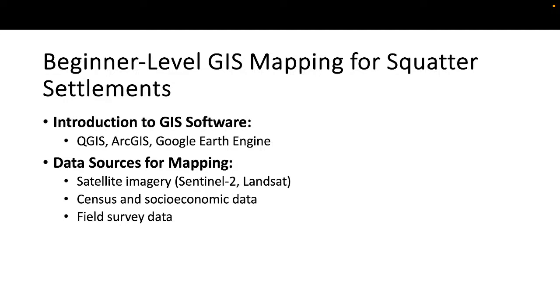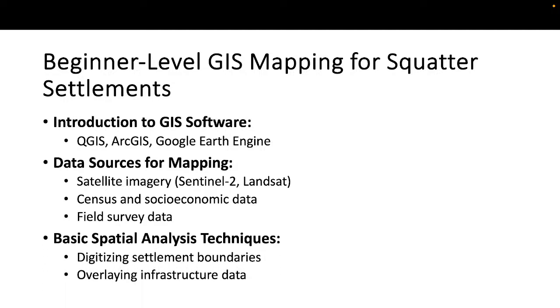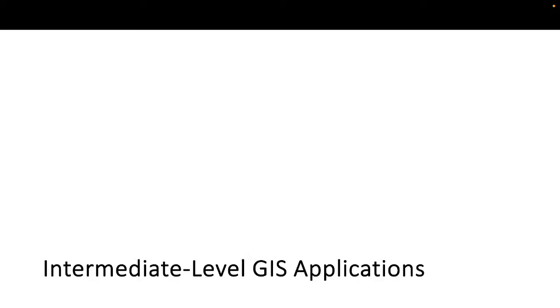You can also use census data, socio-economic data, physical data, or field survey data. Basic spatial analysis techniques include digitizing the settlement boundary, overlaying infrastructure data, and then checking the GIS mapping for the squatter settlement.